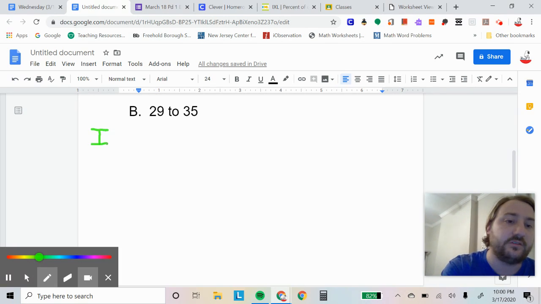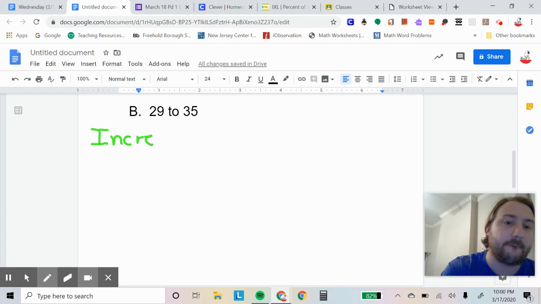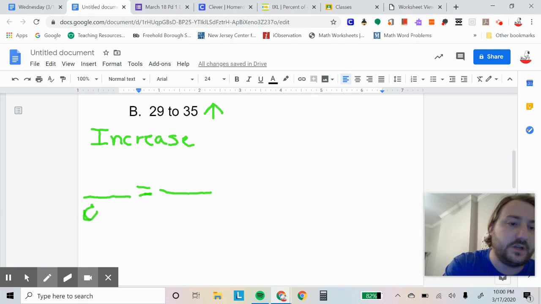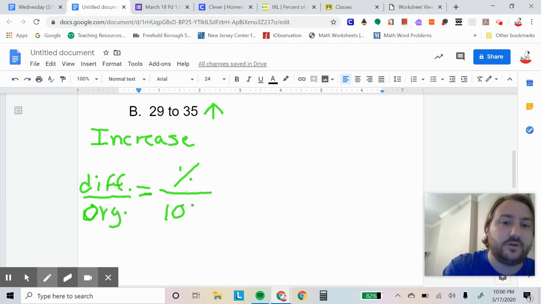So this is an increase. Then set up the proportion. We want original here, difference here, percent here, and 100 here.